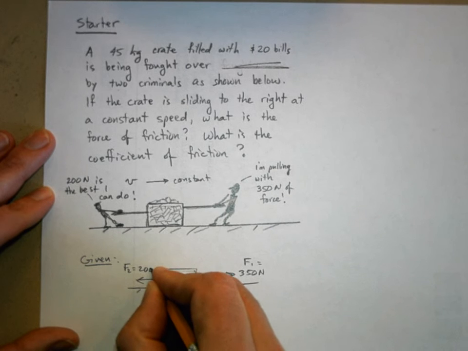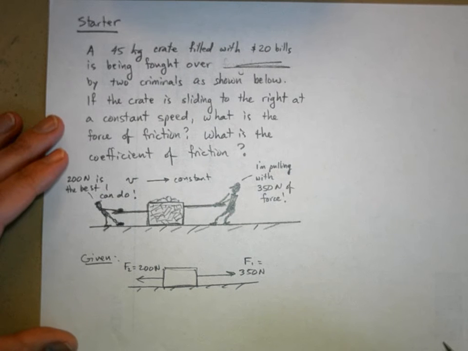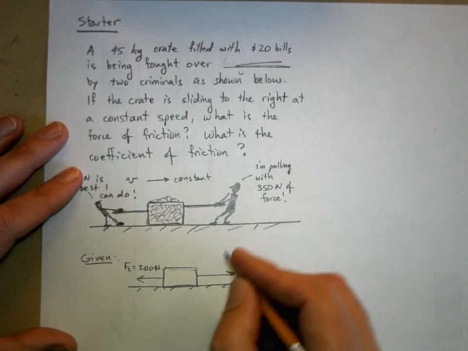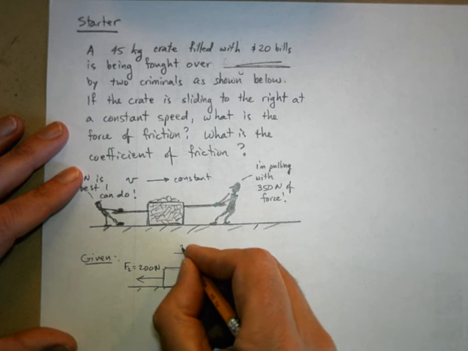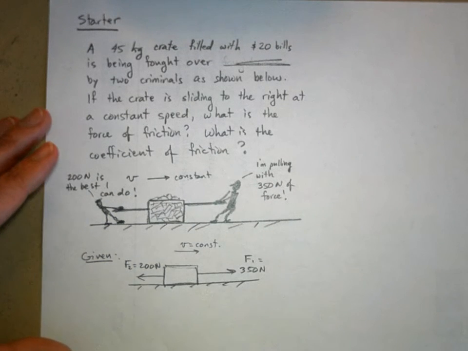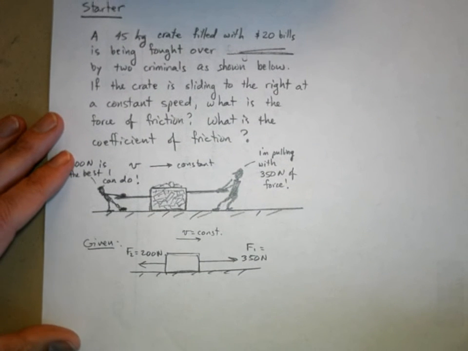These are just two applied forces, or two tension forces if you want to call them, pulling in opposite directions. And we know it's sliding to the right, so V is constant. This is what I would write down. If this was in the book or on the test, this is how I would set up the problem.